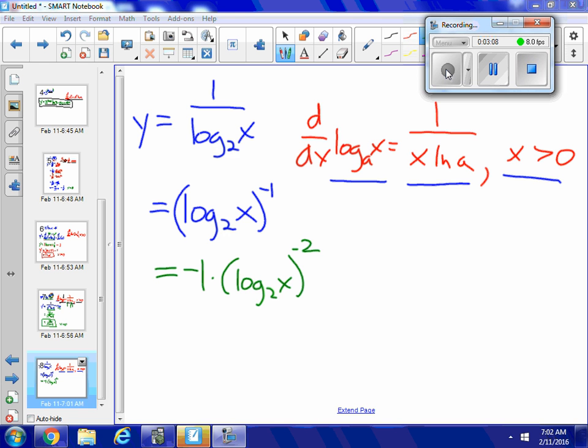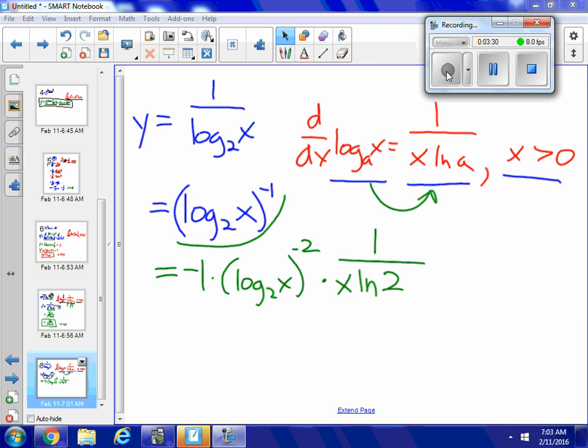That takes care of my outside function, but I need to multiply it by the derivative of the inside function. Well, the derivative of log base 2 of x would be 1 over x natural logarithm of 2. That's using this rule right here.